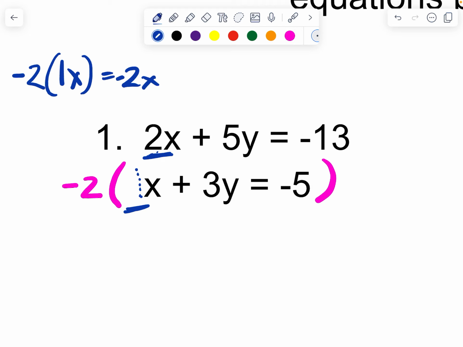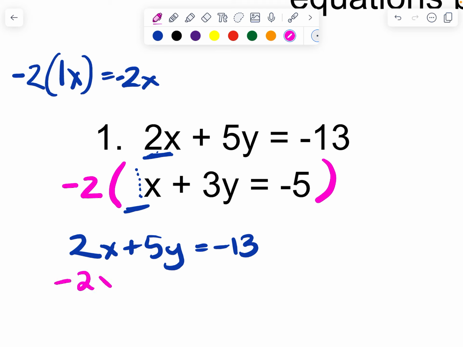I'm going to write down the first equation as is, not changing anything. I'm going to multiply the second equation by negative 2, and I'm going to get negative 2x minus 6y equals 10. Now, these two are opposite of each other.